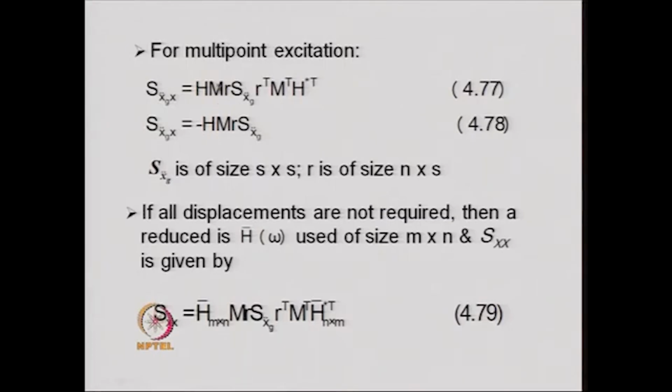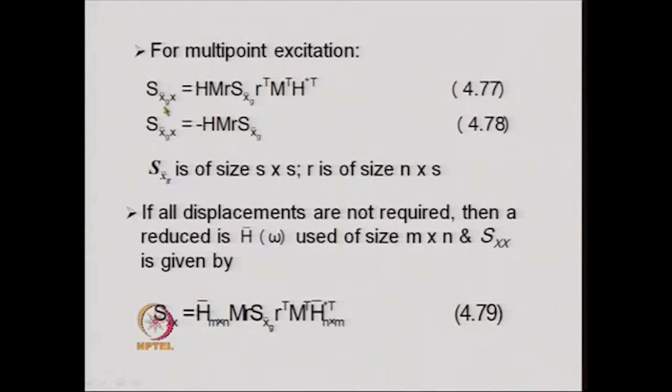Once we have this matrix defined and the influence coefficient matrix R is known, then one can get the power spectral density function matrix of the displacements or responses, Sxx.